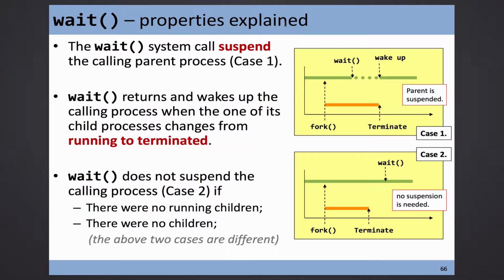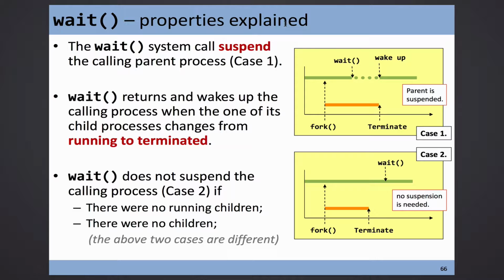Now I continue to run and I am the parent, the green guy. I encounter the wait system call. What the wait system call is doing, we use the term suspension here. As if you call something and I keep you inside the kernel, it's also a form of suspension.